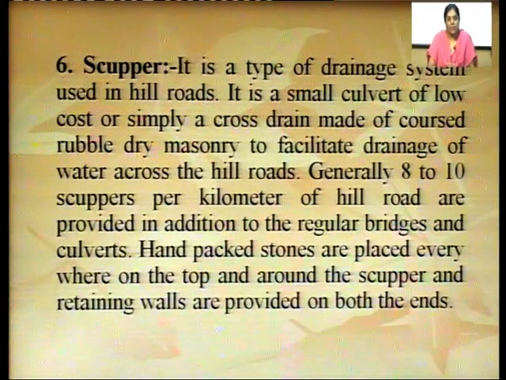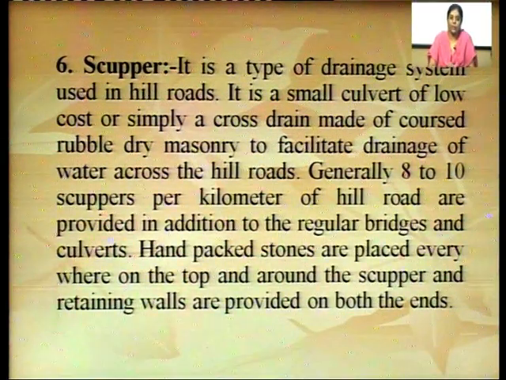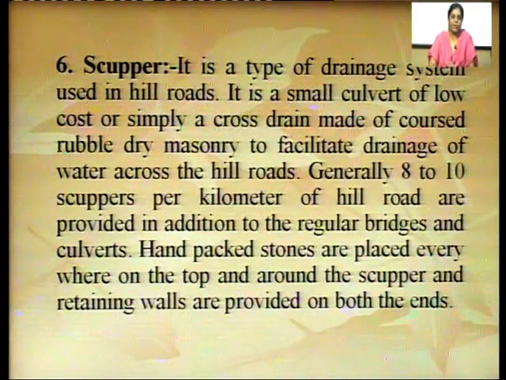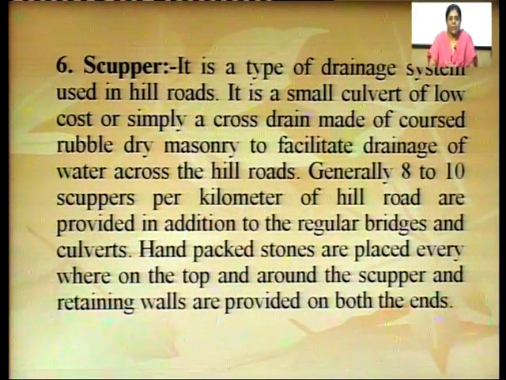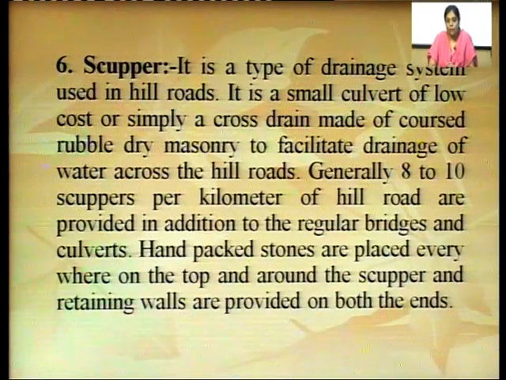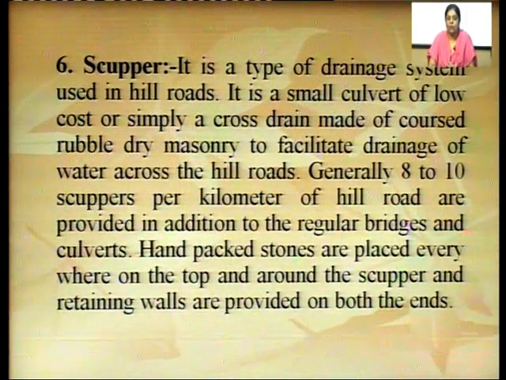So, the next important term is scupper. Basically, a scupper is a type of drainage system that is used in hill roads. This is the underground drainage work. So, it is a small culvert of low cost or simply a cross drain made of coarse rubble dry masonry to facilitate drainage of water across the hill roads.